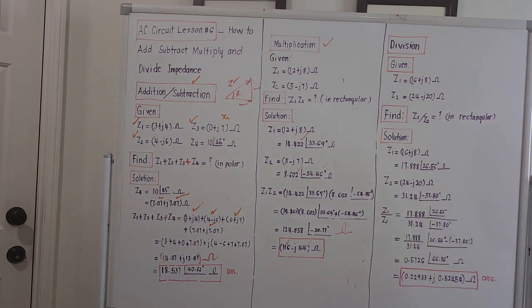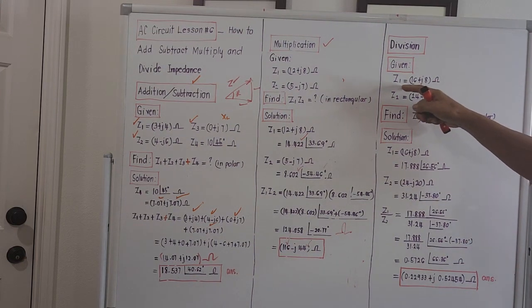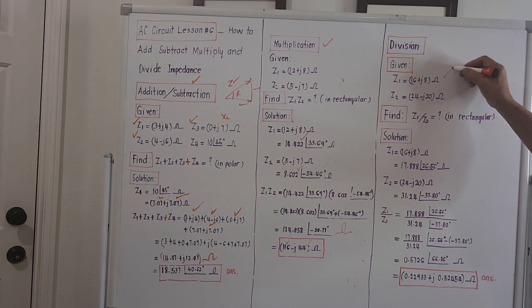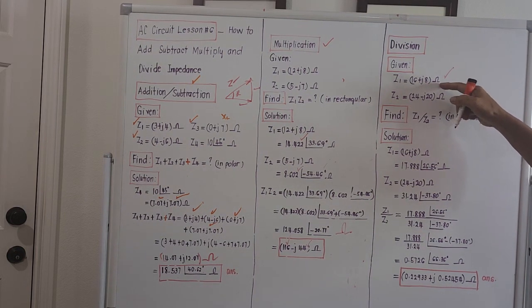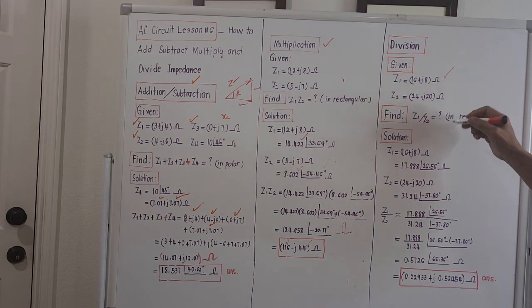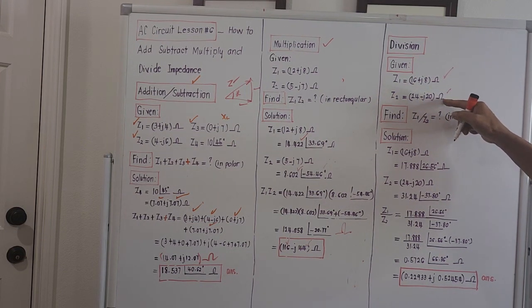The last one. For the operation division, we are given Z1 equal to 16 plus j8. That's the first impedance. This symbol omega means it is ohms. Z2 is 24 minus j20 ohms.